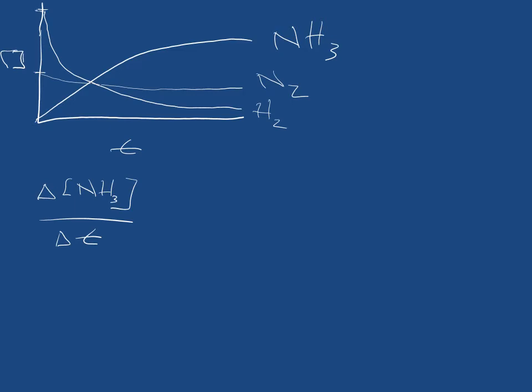Now we know from the stoichiometry, and we can do this, for every 2 moles of ammonia produced, we only get 1 mole of nitrogen consumed.